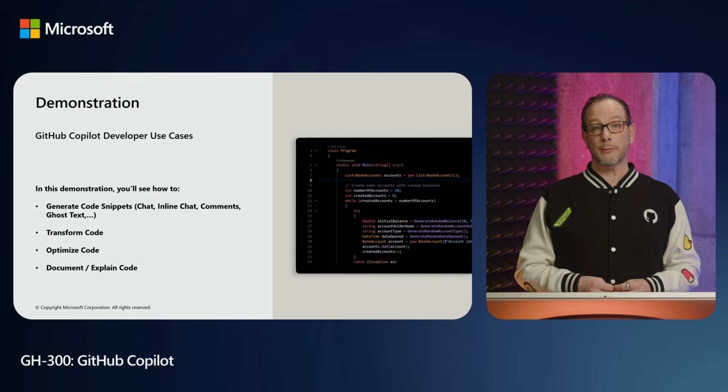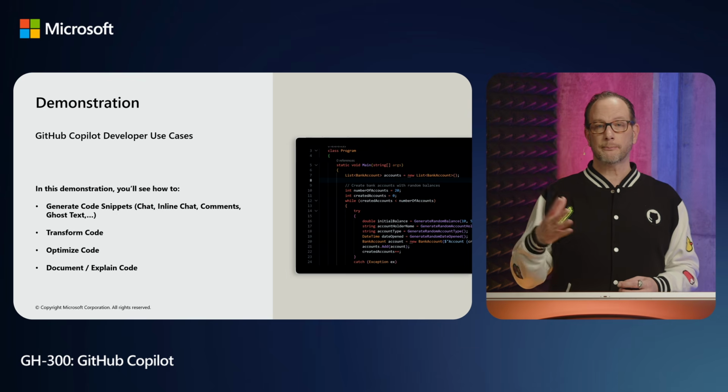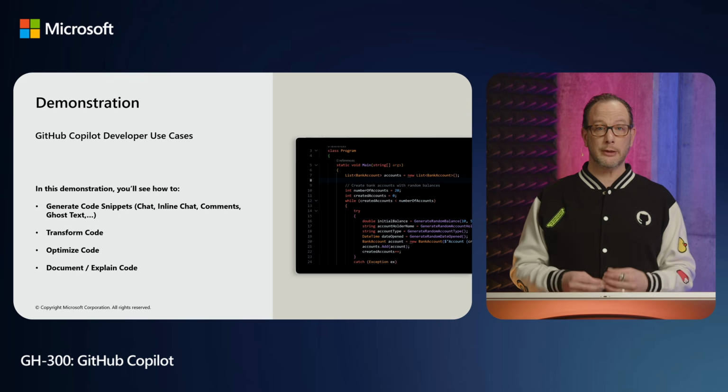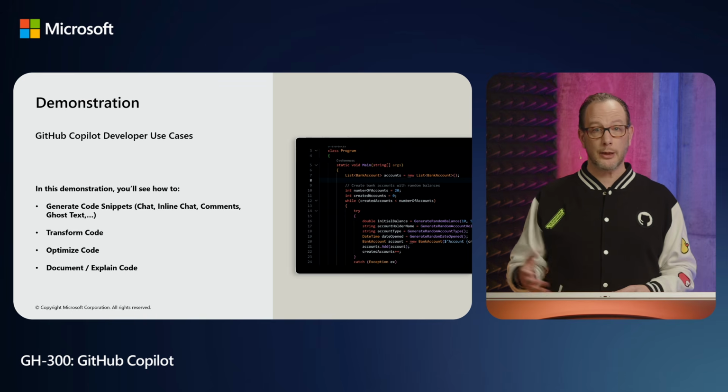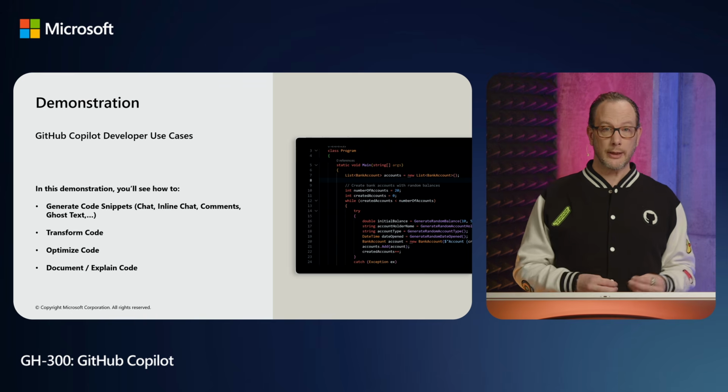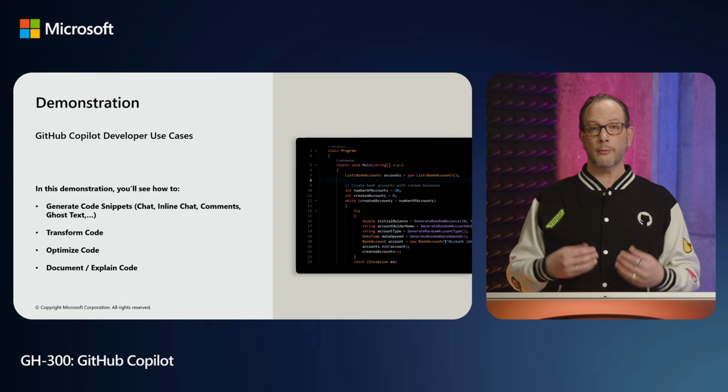This specific demonstration sequence will illustrate how Copilot can generate code snippets using chat, using inline comments, using ghost text, and how it can transform existing code. The key takeaway for this section is versatility. Whether it's about documenting code, explaining functionality, or even restructuring logic, Copilot works across multiple interaction models.